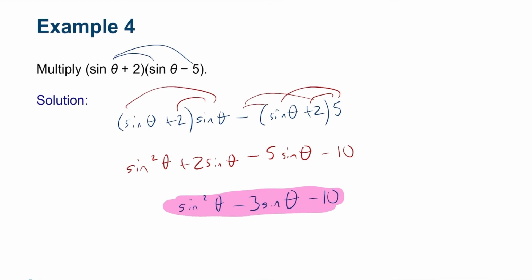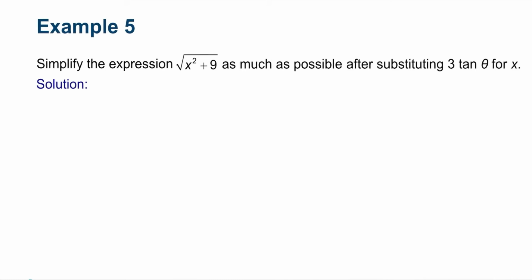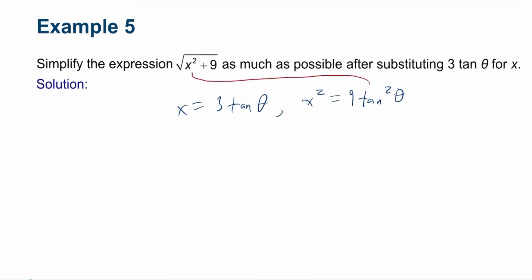All right, next problem. They want us to simplify this expression as much as possible after substituting 3 tan theta for x. So we're using the substitution x equals 3 tangent theta. So if we plug that into this expression up above, we can also square this. X squared would be 9 tan squared theta. So actually we're going to substitute this because we have already squared it, so that makes it a little bit easier.